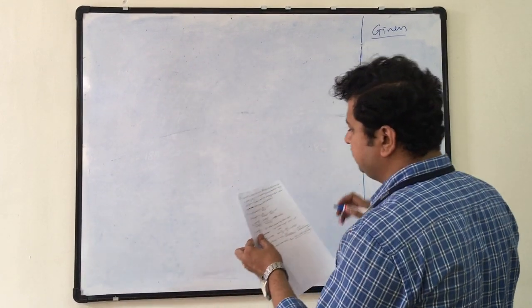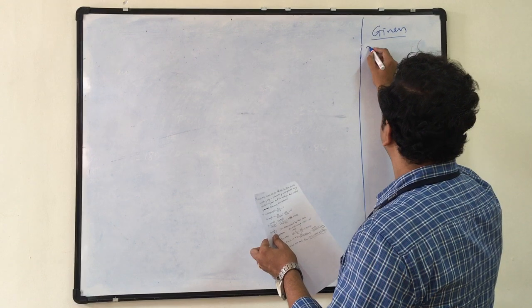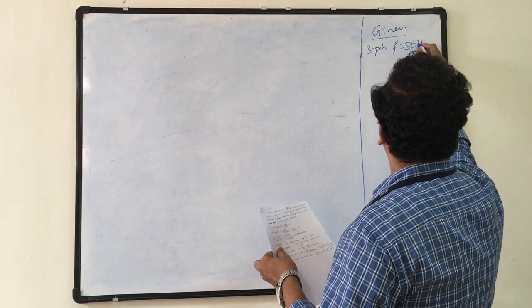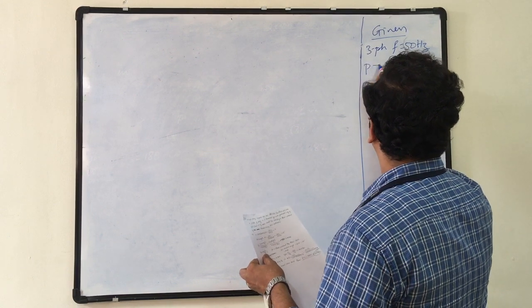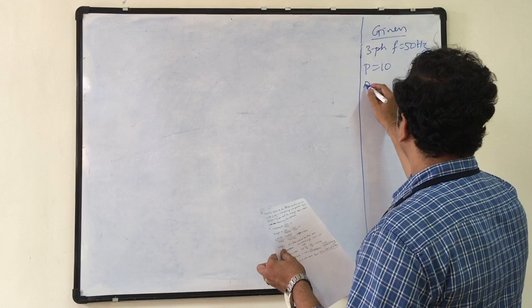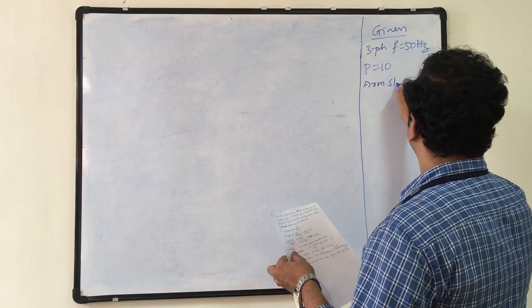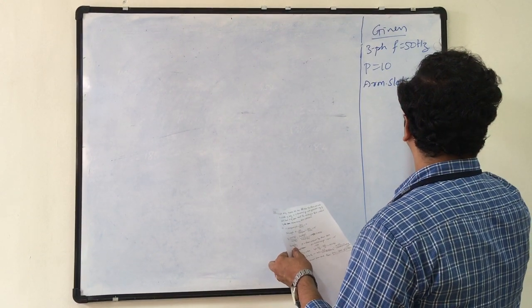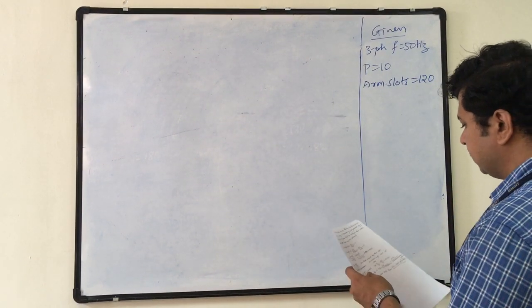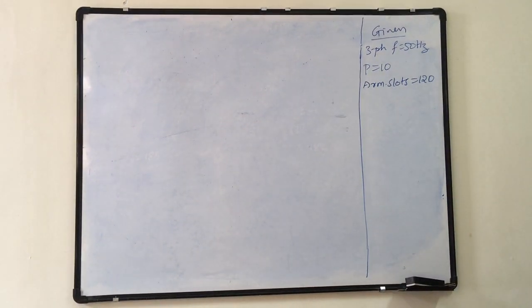So a 3-phase 50 Hz 10 pole alternator has 120 slots. So armature slots are equal to 120.